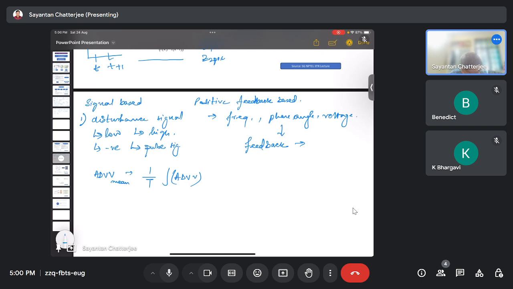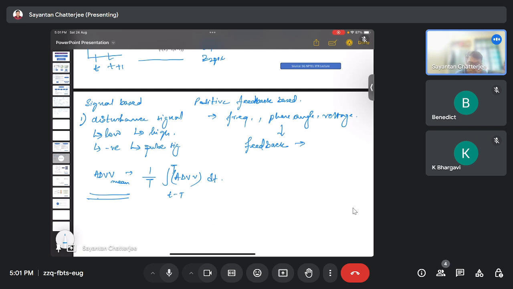So it is the mean absolute d-axis voltage.